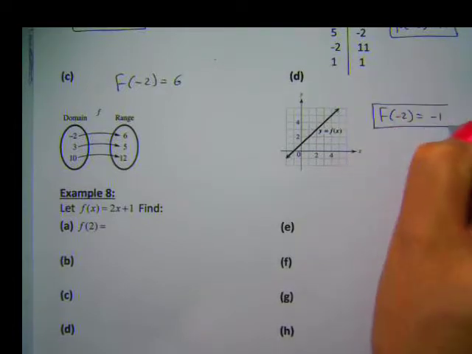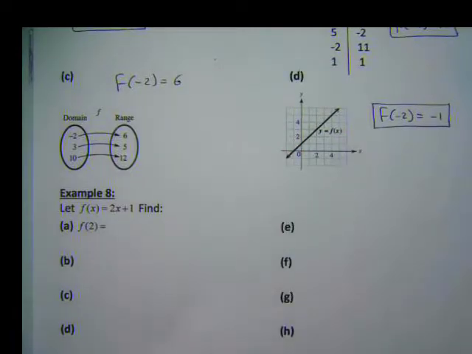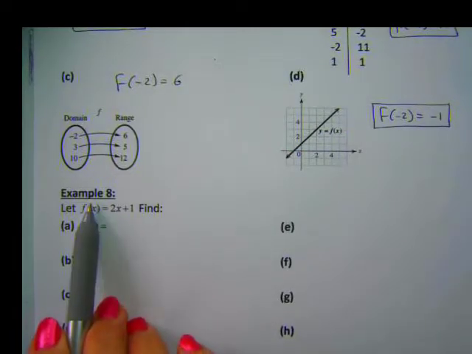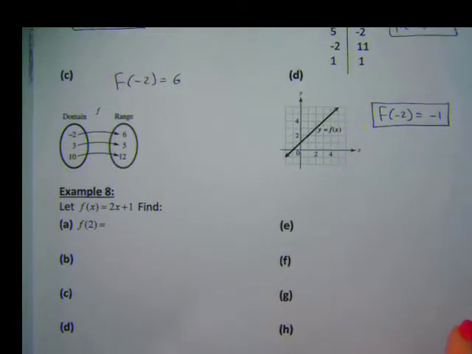What is y when x is negative 2? This is a very important example, and I left it open so we can do it together in this video. I will refer to it again later on.